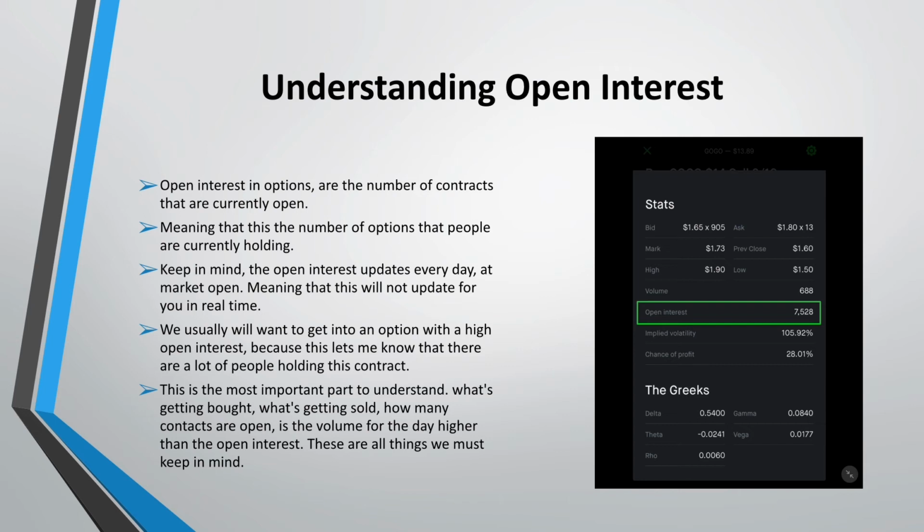That means 905 people are trying to buy this option at 1.65. Now the ask is 1.80 times 13, which means 13 people are willing to sell this option for 1.80.